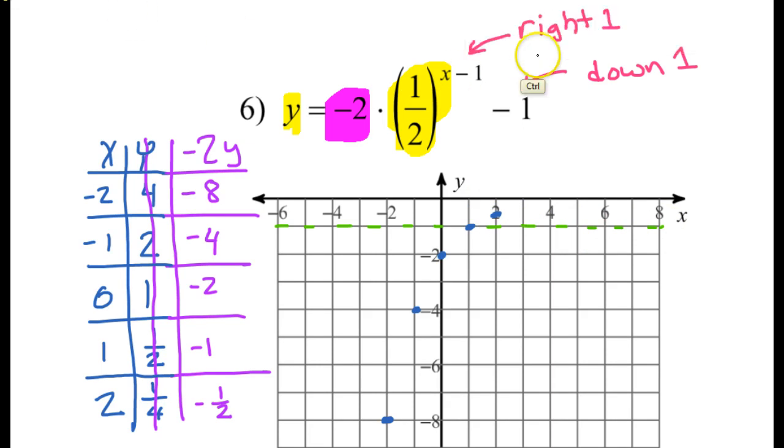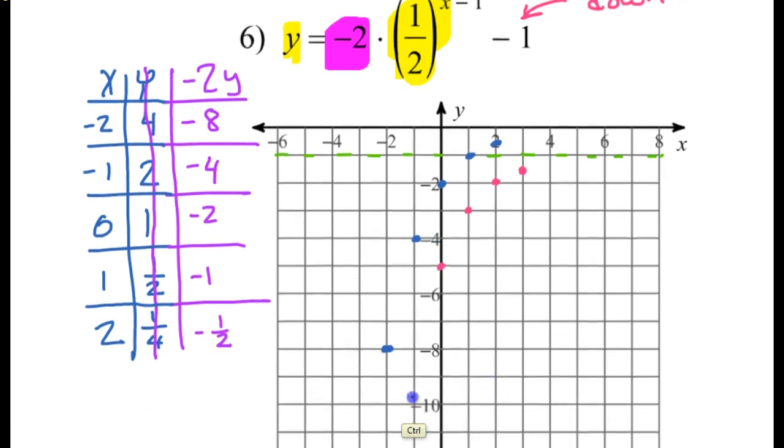For the rest of these points, we will shift each of the blue dots that we already graphed right 1 and down 1. So if I go right 1 and down 1, that's here. Okay, right 1, down 1, right 1, down 1, right 1, down 1, and right 1, down 1.